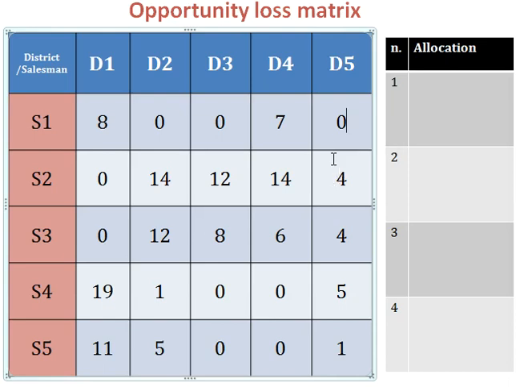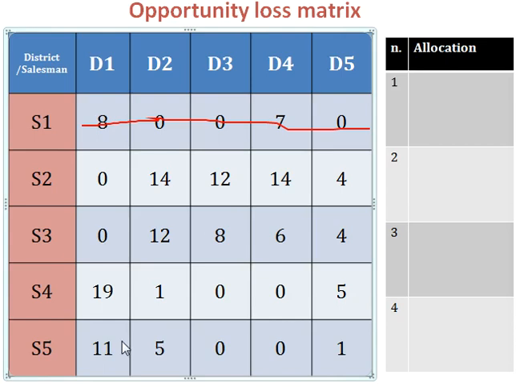Okay, now we will proceed to the third step, that is to draw a number of lines which will cover the maximum number of 0s. So we'll draw a line in such a way that it will cover the maximum number of 0s. Here I can see the 3 zeros in a single row.